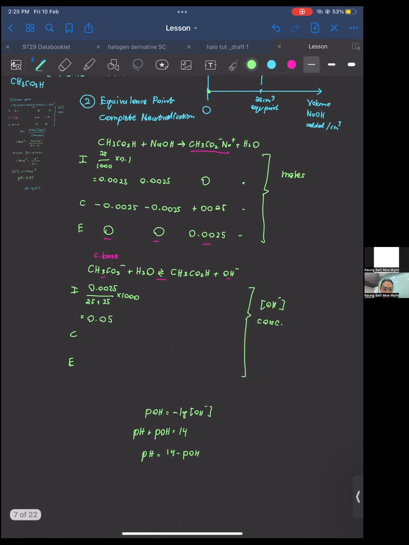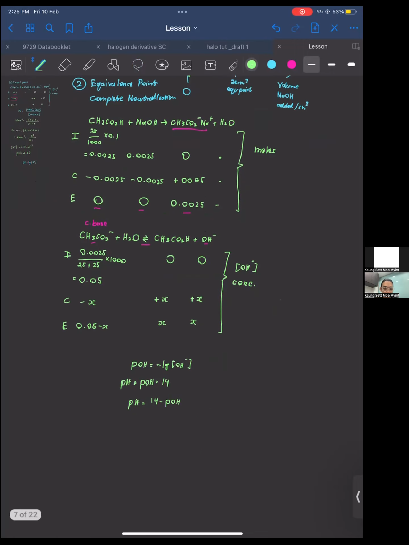And guys, this is just going to be a base calculation because ethanoate is a weak base. So I'm going to just fill it as per normal. Minus x here, plus x here, plus x here. 0.05 minus x, x here, x here. And I always ask my students this, do you need Ka or Kb to solve?